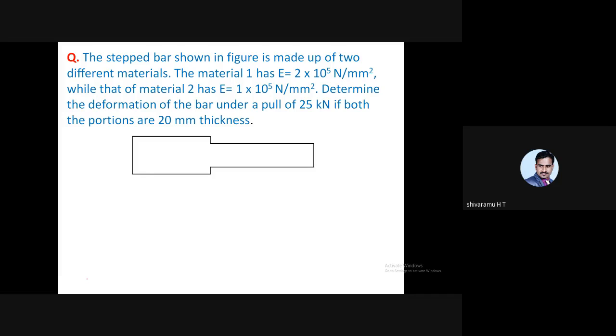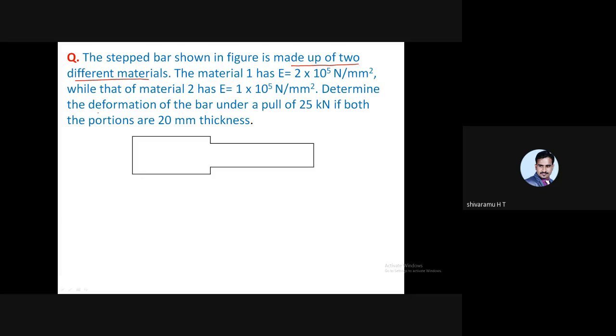Here the given problem is: the step bar shown in the figure is made up of two different materials. Material 1 has Young's modulus of 2 into 10 power 5 Newton per square millimeter, while material 2 has Young's modulus of 1 into 10 power 5 Newton per square millimeter.